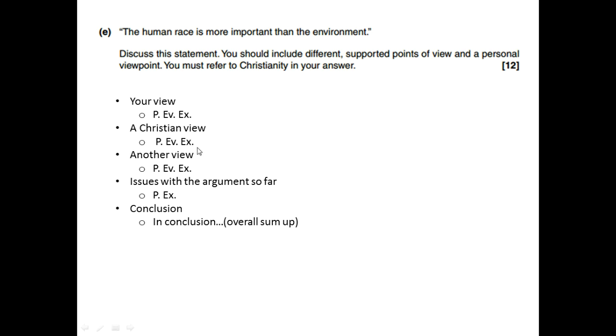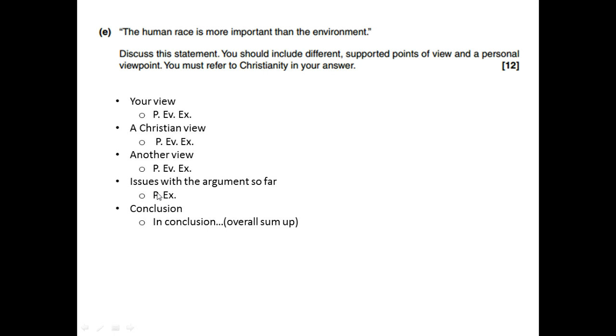It could be another Christian view, it could be a different religion's view, it could be an atheist view, or whatever you wish. And once you've done that, these first 3 bullet points have kind of been setting up almost like a debate or an argument, and this 4th bullet point that you're now going to come into is going to really up those marks.